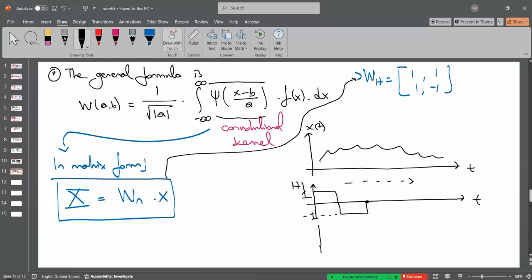In the second level, just like before, H2 is 2 times smaller than this one, 1 and minus 1.